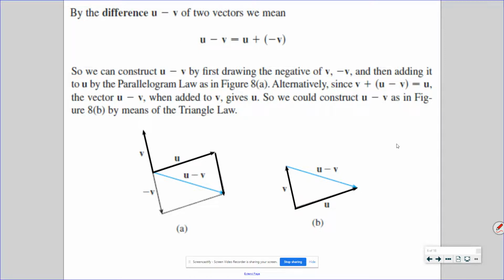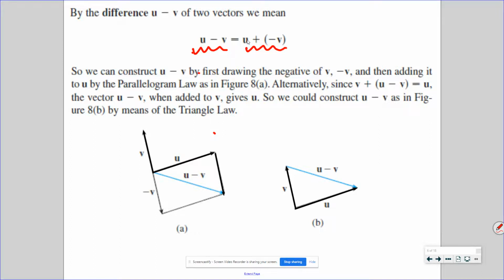Subtraction. When we are looking at differences between vectors, we're going to be thinking of this as addition. All of you should know by now that when you are subtracting something, it's the same as adding a negative. And so that's how we're going to figure out the diagram for subtracting vectors.